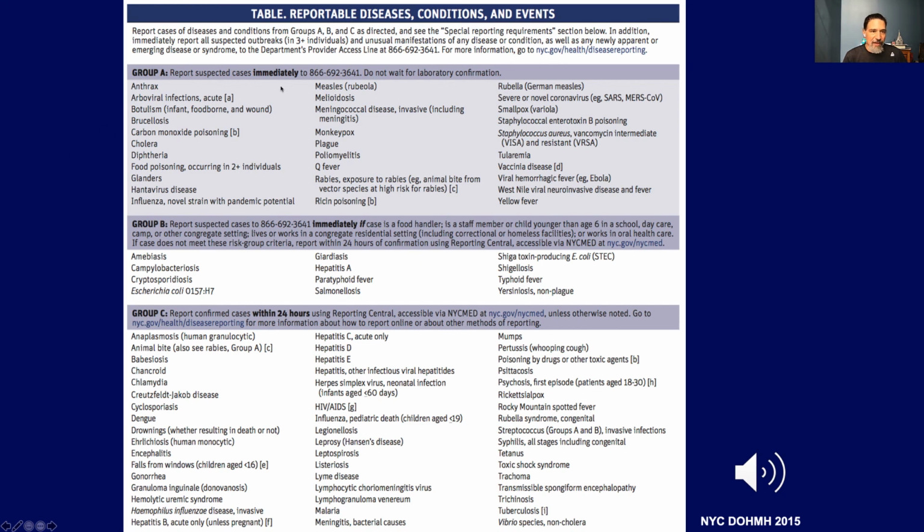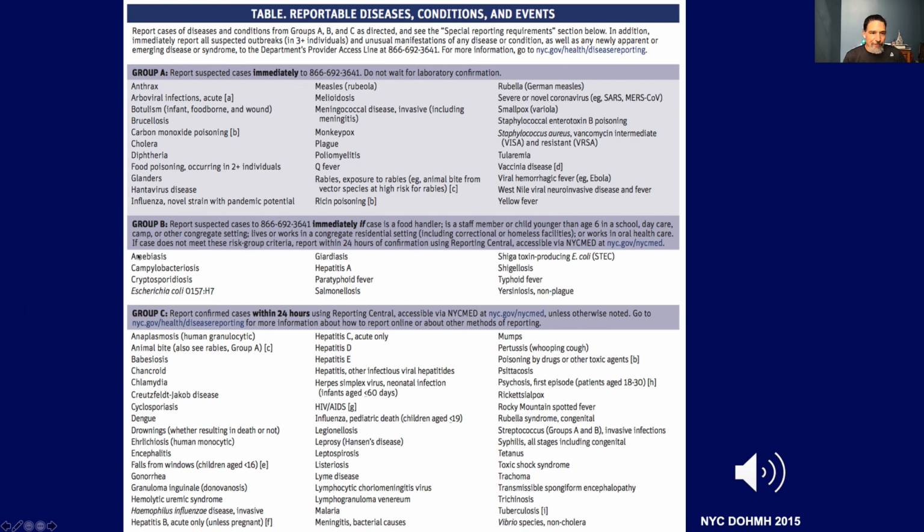And you can see that for these things, they're asking providers to report suspect cases immediately by calling. Do not wait for laboratory confirmation. So again, this is trying to privilege timeliness and sensitivity of the surveillance system because it's important to detect cases early, and these are for outbreaks.